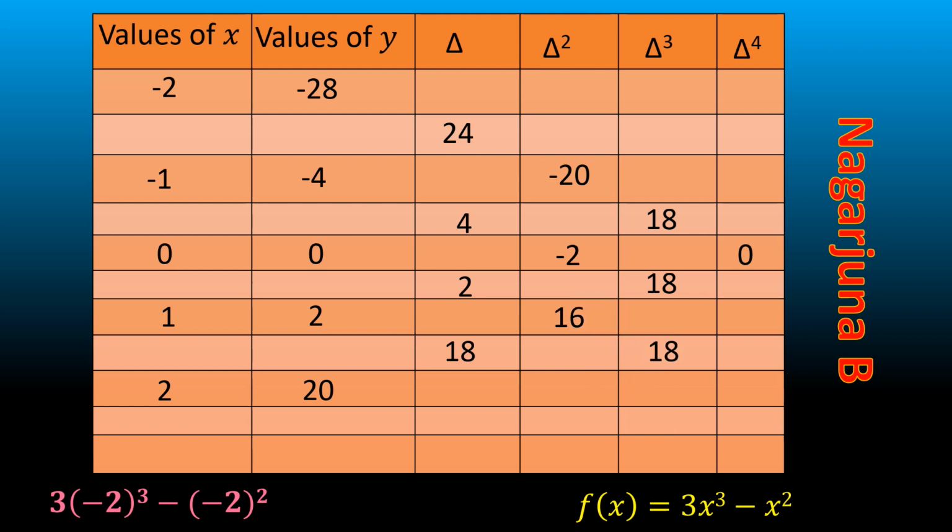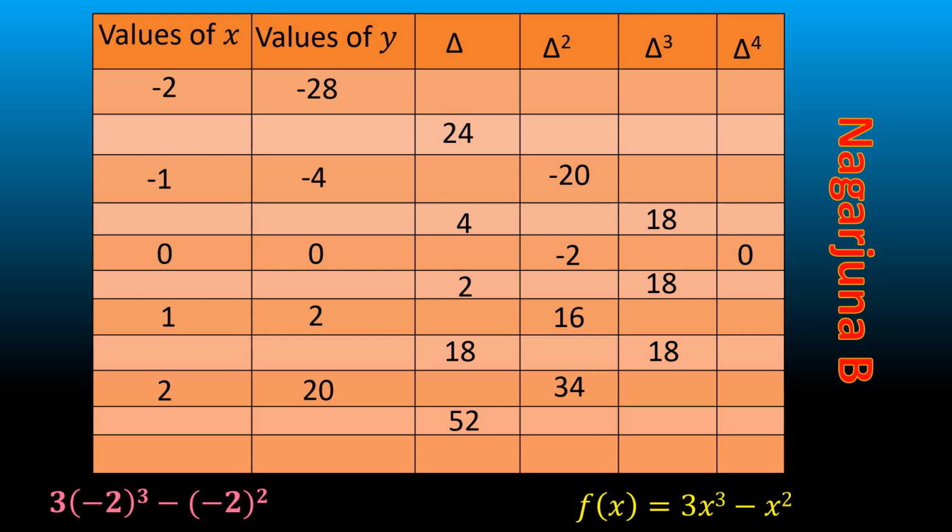So 18 plus 16 will be equal to 34. 16 plus 18 is equal to 34. Even you can see 34 minus 16 is equal to 18. The next, delta value, in the same way, 18 plus 34 is equal to 52, right?